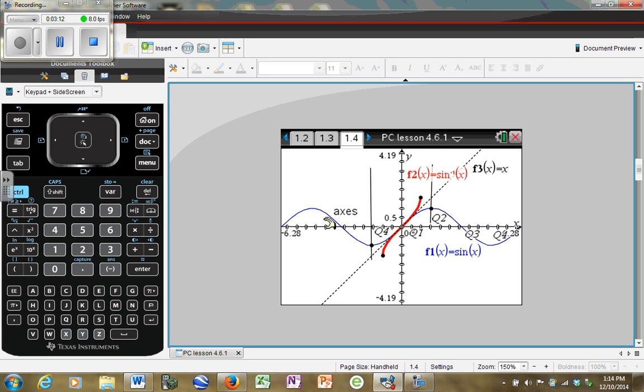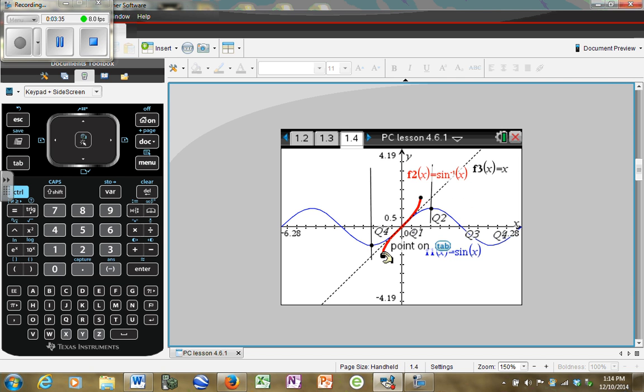The blue is our normal sine function. I've cut it off here at these lines to restrict that domain, and then I've taken the inverse of it, and that's this here in red. You can see that they're inverses. Those endpoints there are just reflections of each other on both sides.